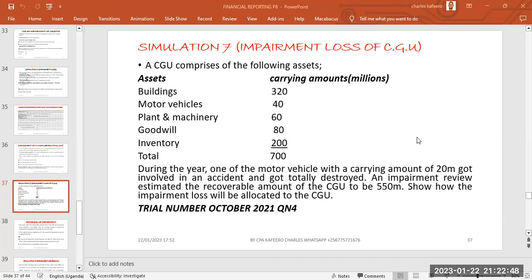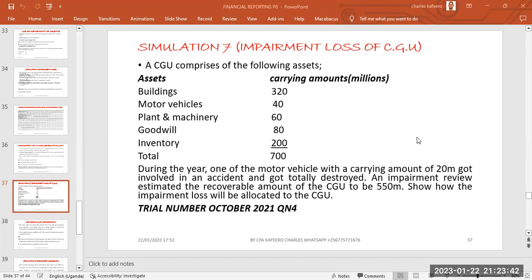Today we are going to resume with our series, financial reporting, and our emphasis for today is we are going to look at the impairment of a cash generating unit, having seen the first two videos that we did, where we looked at how we determine impairment of an asset, and we also looked at scenarios where we had a revaluation gain in the previous year, and this year we are experiencing a revaluation loss, an impairment loss.